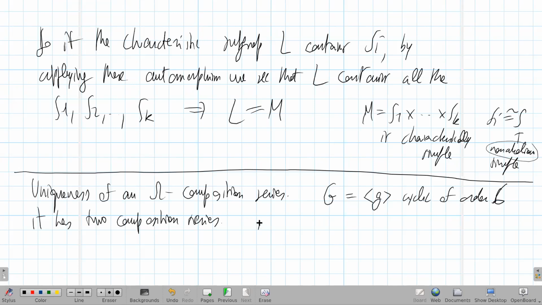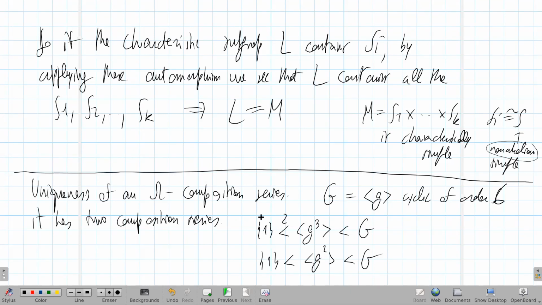The first one is given by, since all subgroups are normal because this is cyclic and abelian, the following, for instance. And the second one is this. If g has order 6, then g cubed has order 2.